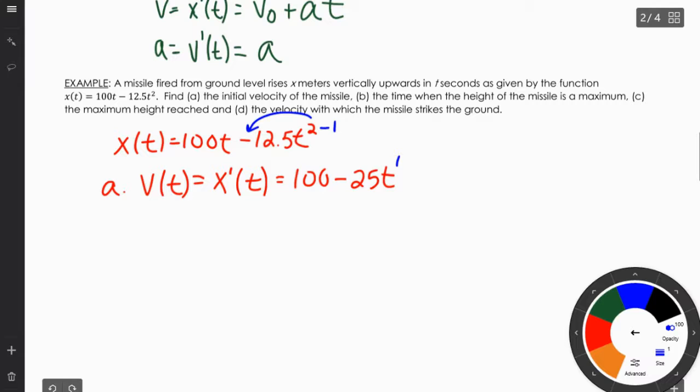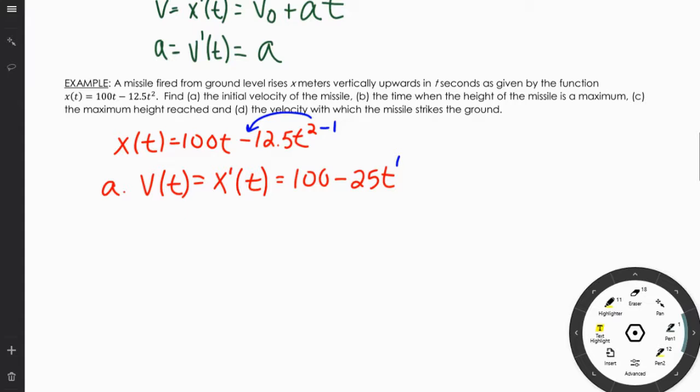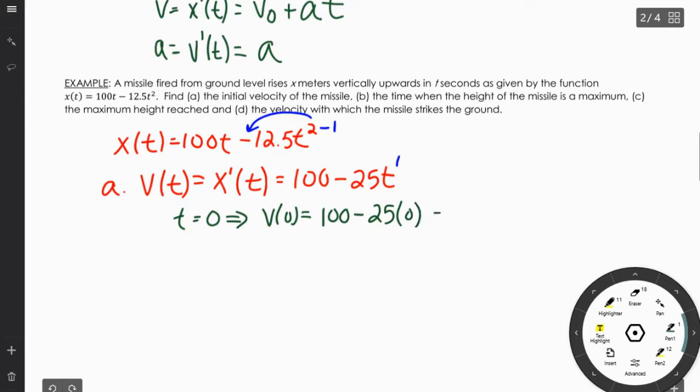Now, what is the initial velocity? Well, that's when t equals 0. So all we're going to do is plug in 0 for t. We're going to say v of 0, which we now know is 100 minus 25 times 0. So that tells us that the initial velocity is 100 meters per second.